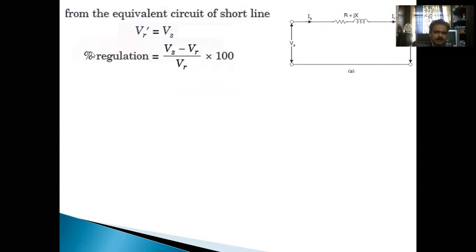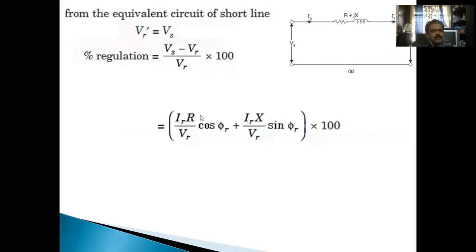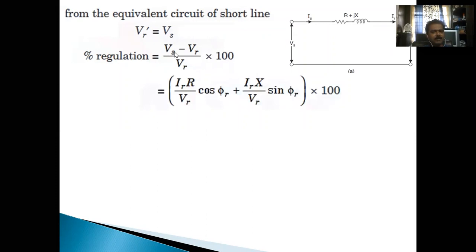Now, percentage regulation is equal to the no load voltage Vs minus the receiving end voltage, divided by the receiving end voltage, into 100. We have evaluated this Vs and obtained this expression. So this difference Vs minus Vr, the numerator, that is IR, just divided by Vr.